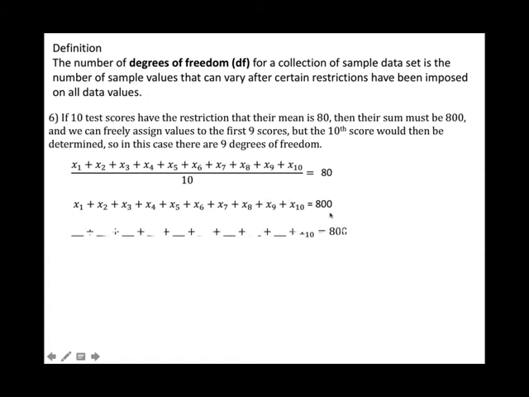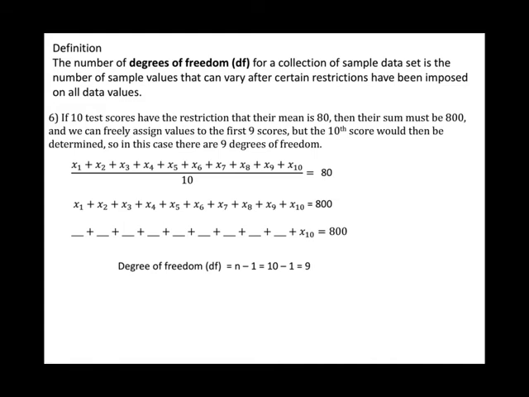What does the degree of freedom mean? It means that for the first 9 data values, they can be anything. I could make up any value for the first 9. But the last one has to be fixed, because after I add the last data value, I have to make sure the sum is equal to 800. So in this example, my degree of freedom is 9.